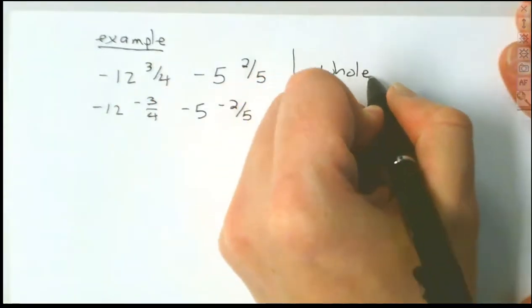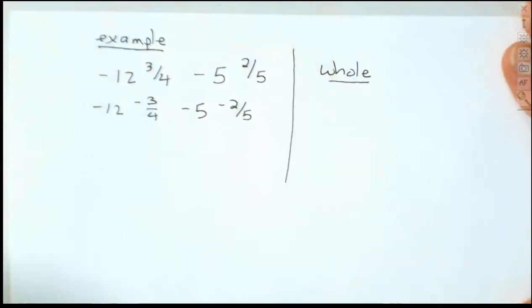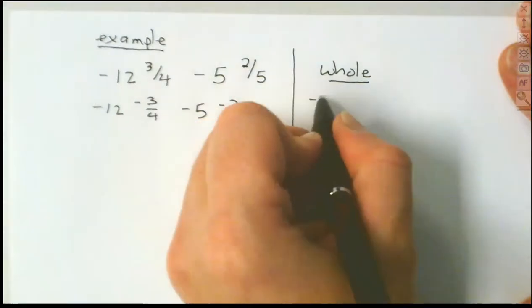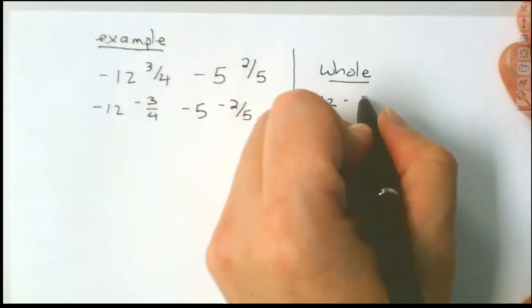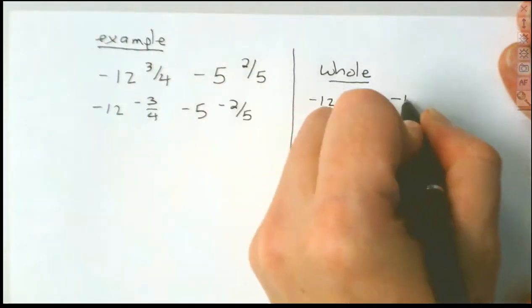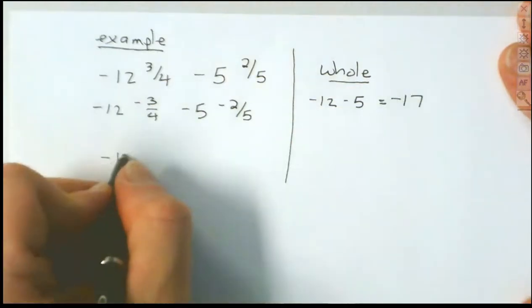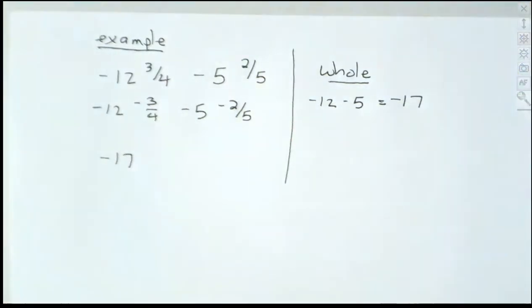What's different here? Well, these numbers are all negative, so they're going to combine together. So for the whole numbers, we have minus 12, minus 5. That makes it then a minus 17. Okay, is everyone okay with that so far? Now, what about the fractions?